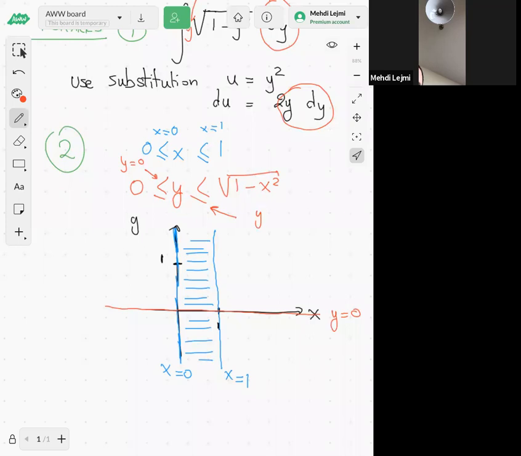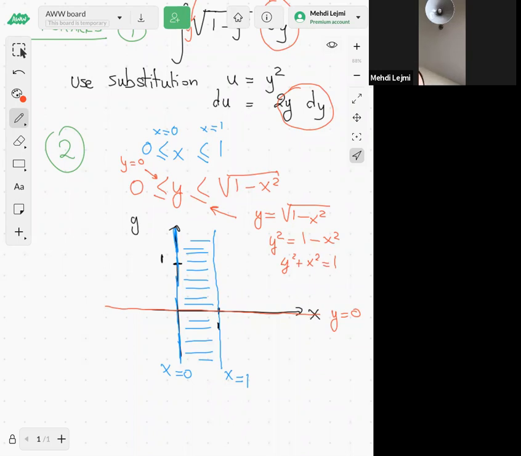Or in other words, that will be the graph of the function y equals square root of 1 minus x squared, right? So we need the points below the graph of the function square root of 1 minus x squared, right? And if you square, then y squared would be 1 minus x squared, and so y squared plus x squared is equal to 1. So this is just the circle of radius 1, right?